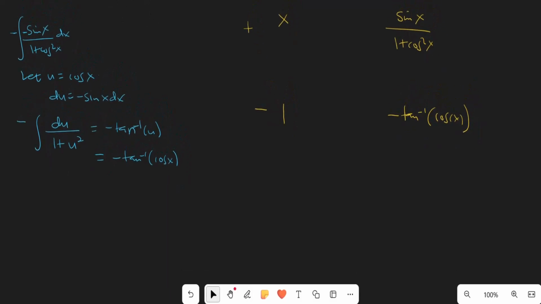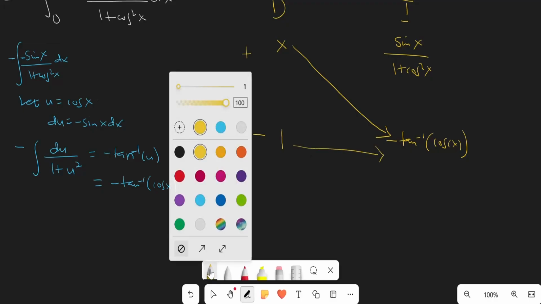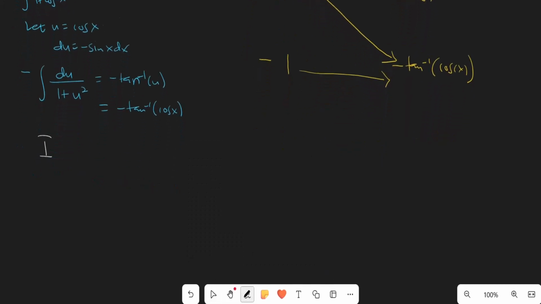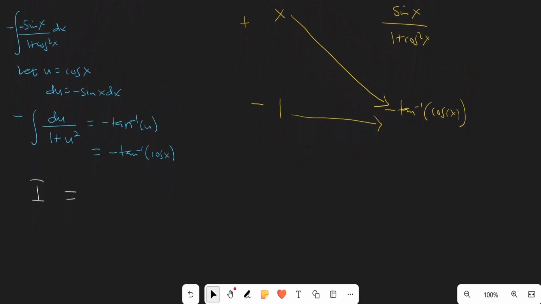Now, when we want to solve our integral, we just have to multiply the diagonal terms. We don't need to take the integral. But when we multiply terms horizontally, we have to take the integral, right? So now we can solve our integral. Our integral I now is going to be multiplying terms diagonally. That is going to be negative x tan inverse of cosine of x.